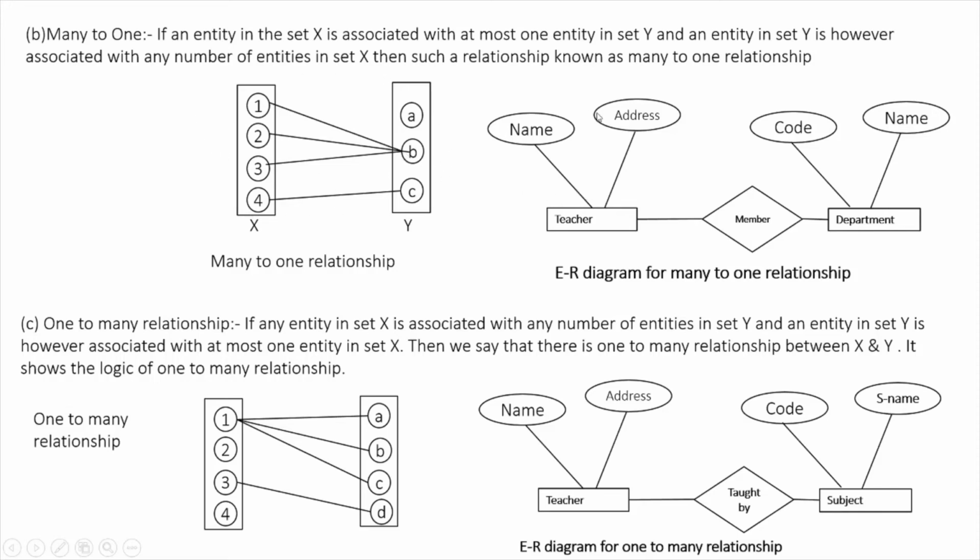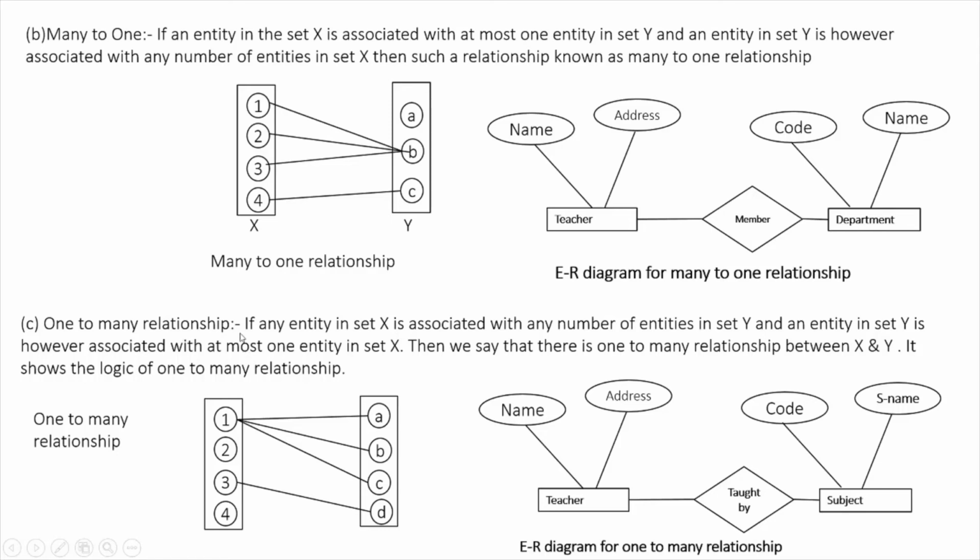Teacher name, address, then code, name and department. Here is the diagram for many to one relationship. One teacher cannot be associated with more than one department, thus it is a many to one relationship, as you can see in this figure.